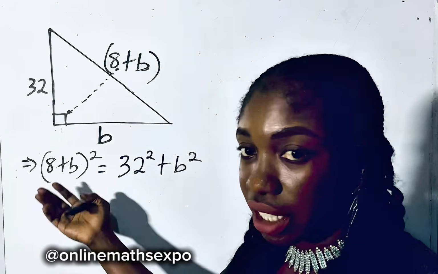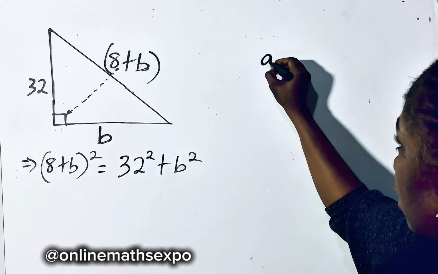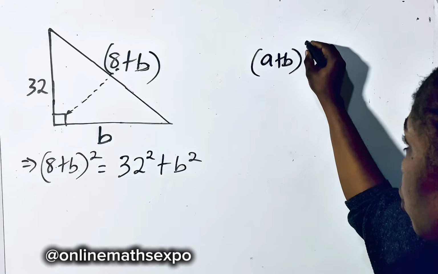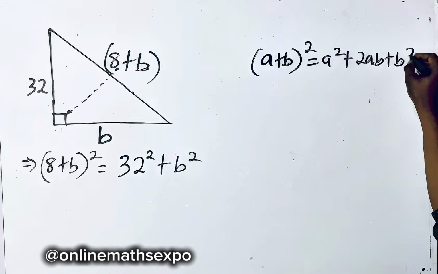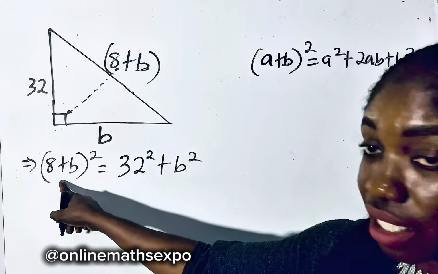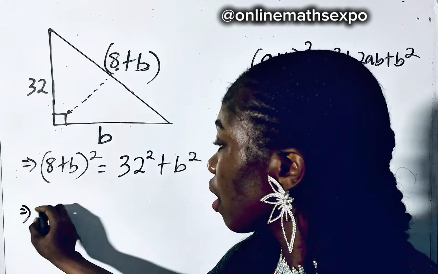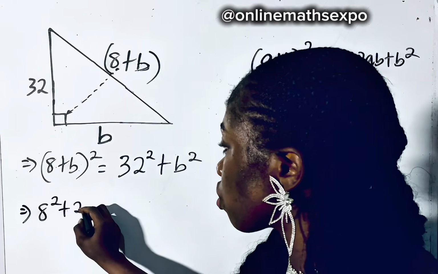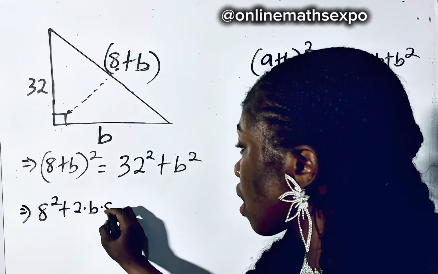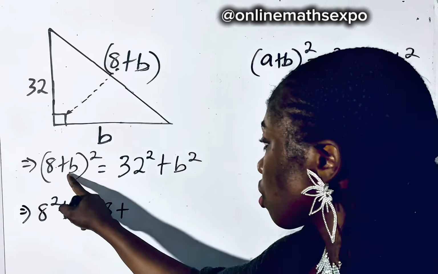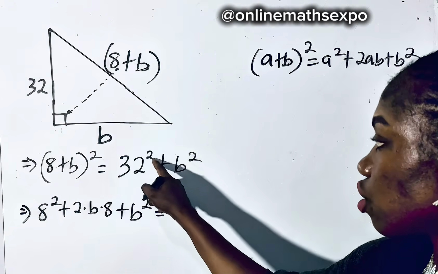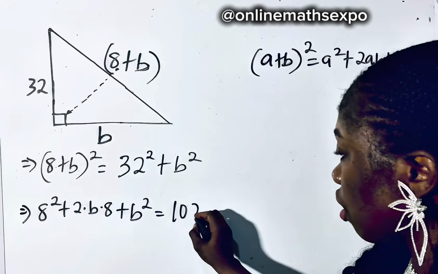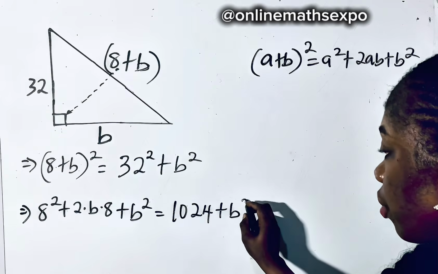Now, how do we expand this? Just use your algebraic identity. For every a plus b squared is a squared plus 2ab plus b squared. So if you apply this here, we now have 8 squared plus 2 times b times 8 plus b squared is equal to 32 squared, which gives us 1024, plus b squared.